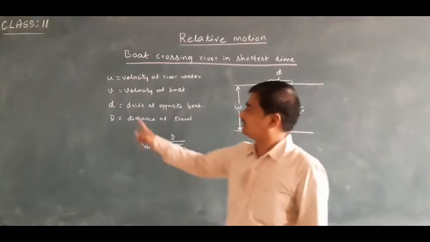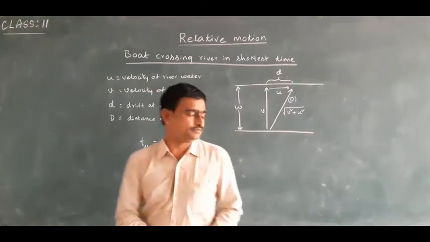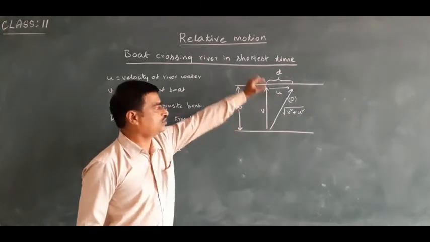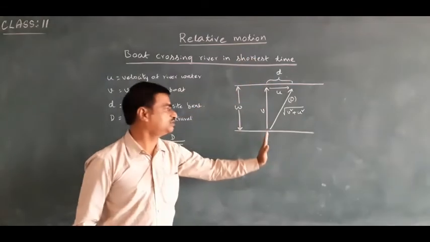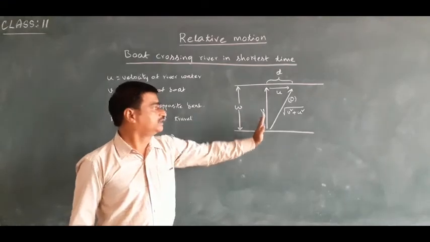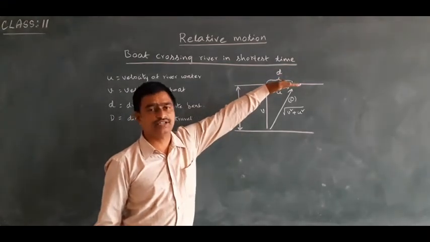Now, the next one is boat crossing river in shortest time. Here we take the river like this. In order to cross the river in the shortest time, the boat has to start like this. This is the velocity of the boat, and the velocity of water is u.